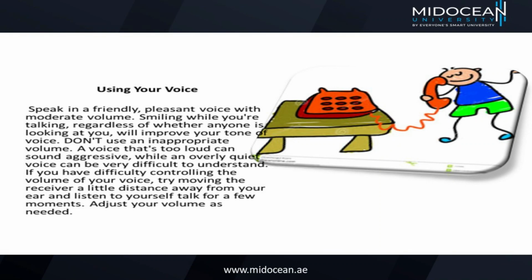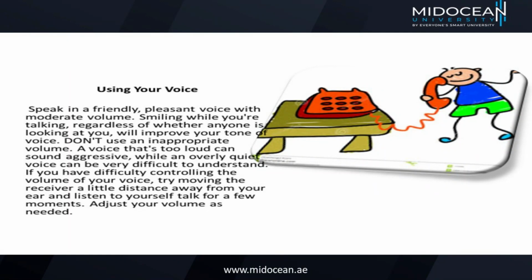Using your voice. Speak in a friendly, pleasant voice with moderate volume. Smiling while you are talking, regardless of whether anyone is looking at you, will improve your tone of voice. Don't use an inappropriate volume.